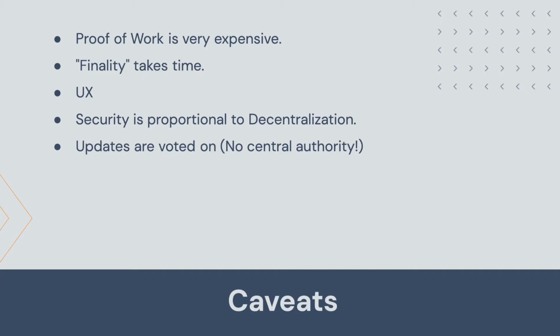The more power a proof of work network consumes, the more secure it is. But it also incentivizes an arms race between miners of who can consume more energy. And right now the popular networks are working very hard to address this, but it's a real issue and an environmental problem that proof of work is very expensive.